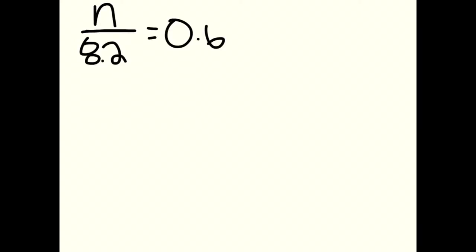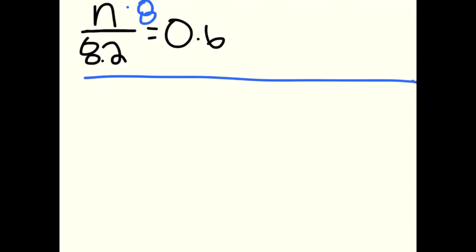To do this problem, you would have to do multiplication undoes division. So it would be 8.2 over here times 8.2 over here. Now we would have to do 0.6 times 8.2.